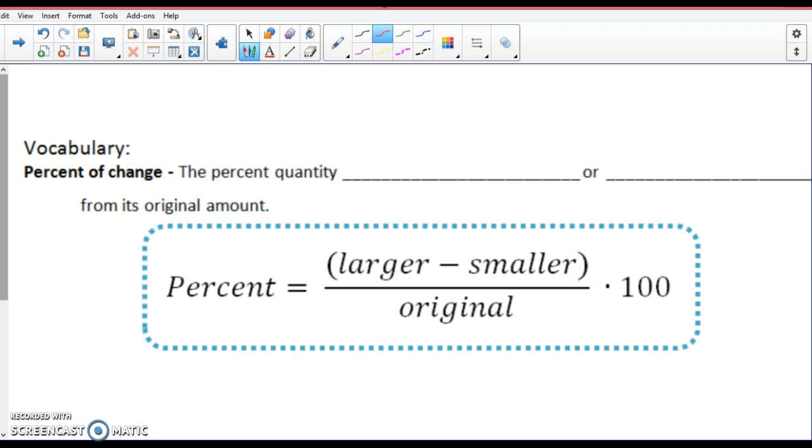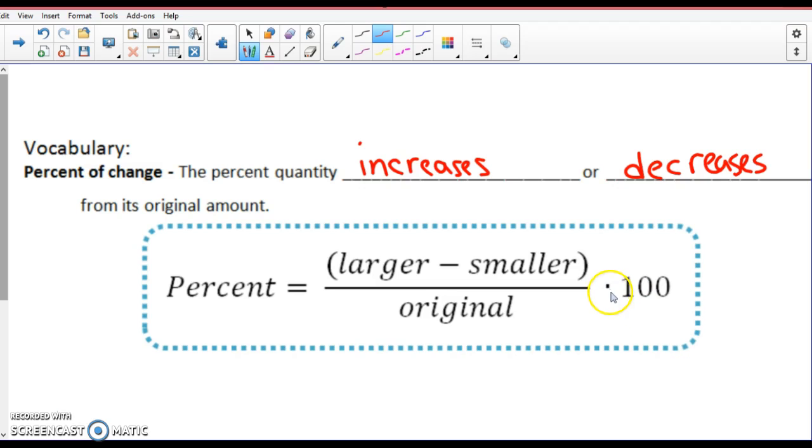The percent of change is the percent a quantity changes from its original amount.